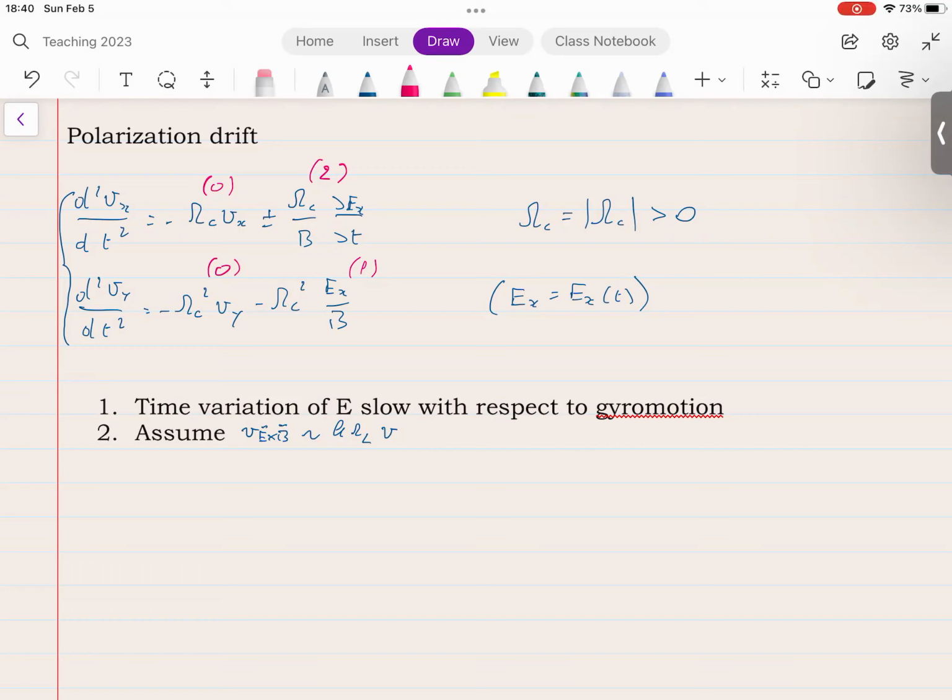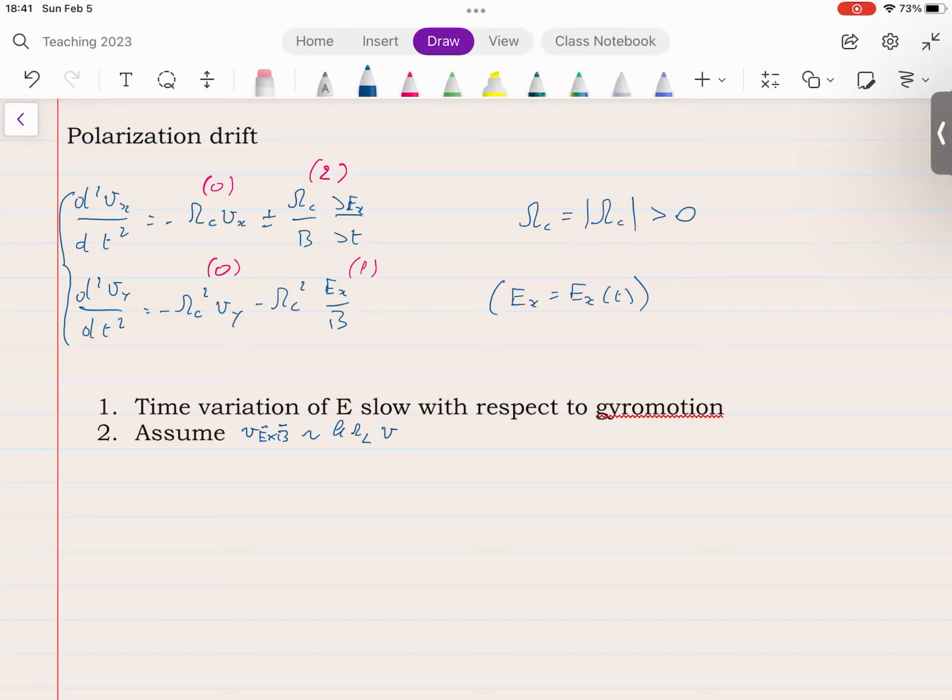Then now we need to go to second order. In other words, solving this equation order by order, at the 0th order, we get the gyration motion, nothing else. At order 1, we get the E cross B drift. At order 2, we are going to get something new.